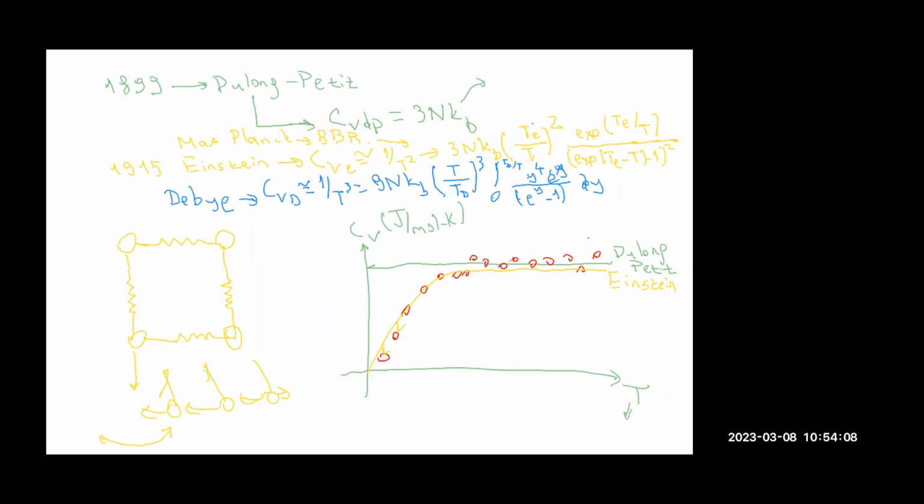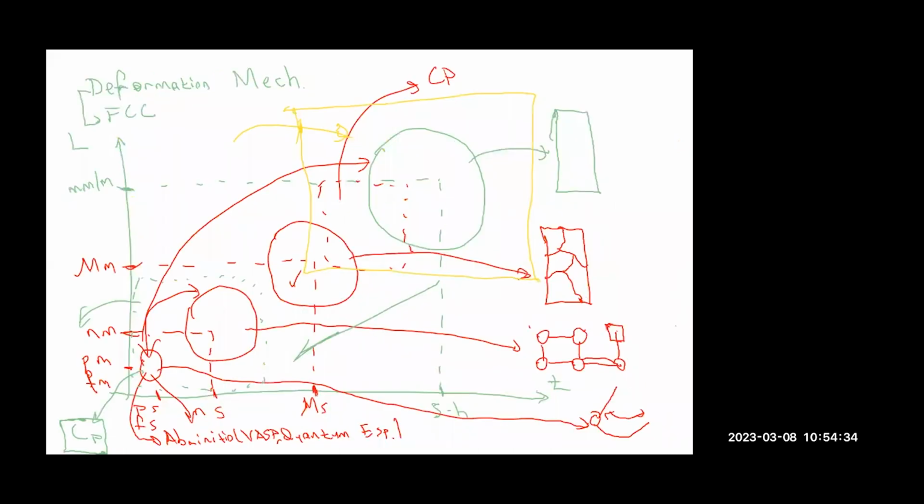Once he plots this formula, he got a really good estimation, the best estimation, Debye. And he actually found the way how FCC material deforms.